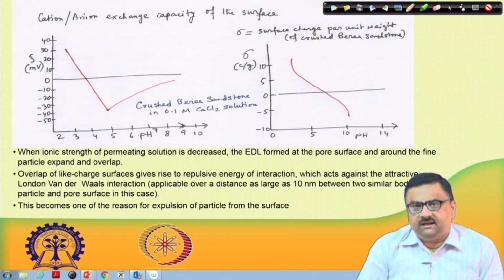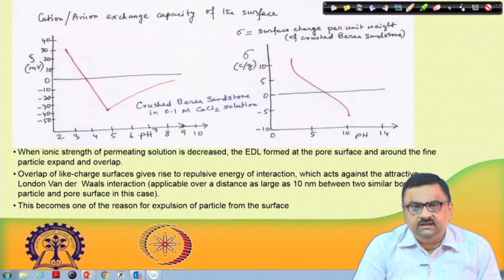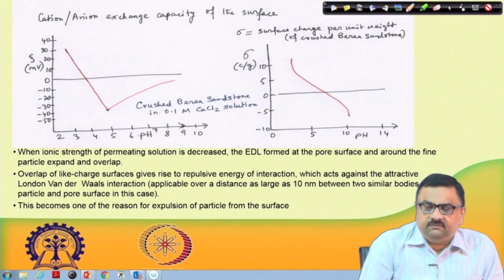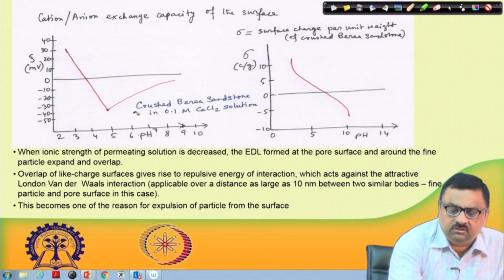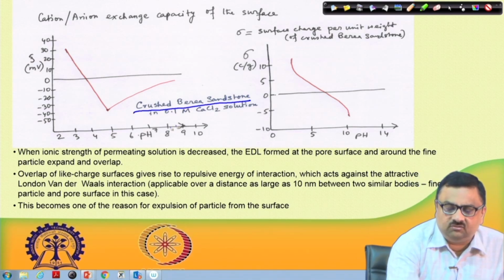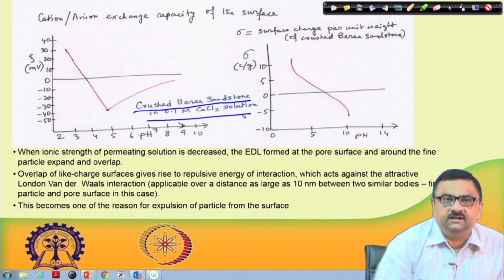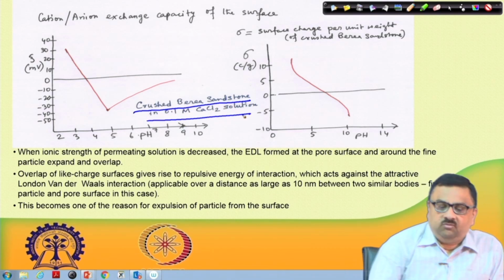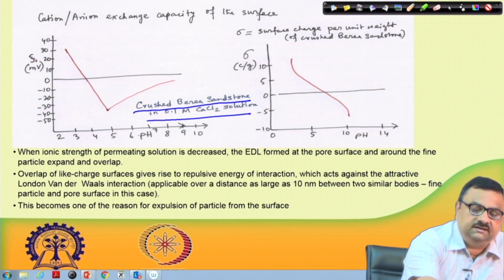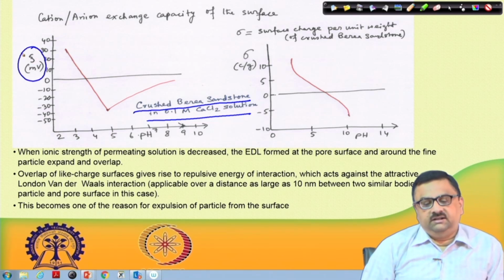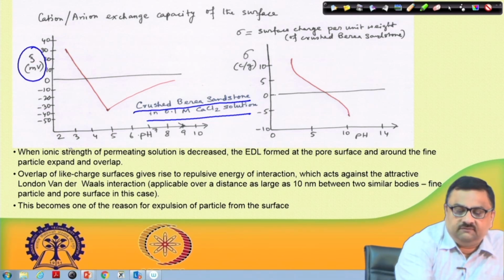With this background, we would like to see what happens in a porous medium. Here we are talking about crushed barrier sandstone in 0.1 molar calcium chloride solution, and they measured the zeta potential in millivolts as a function of pH.